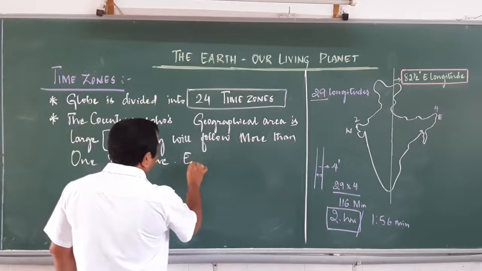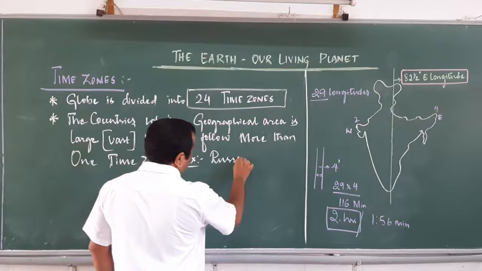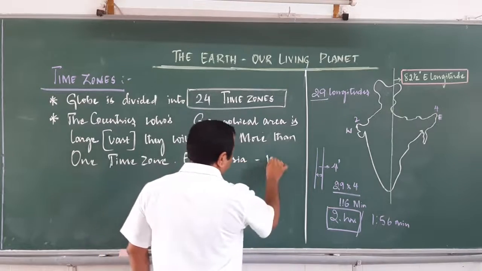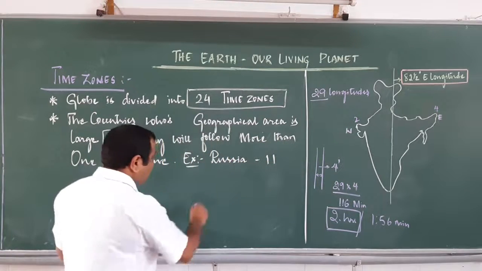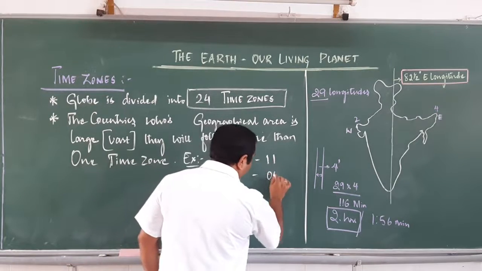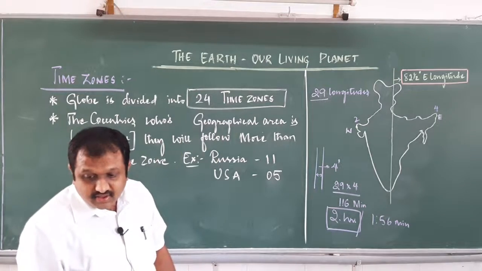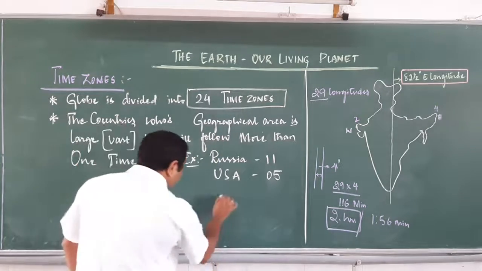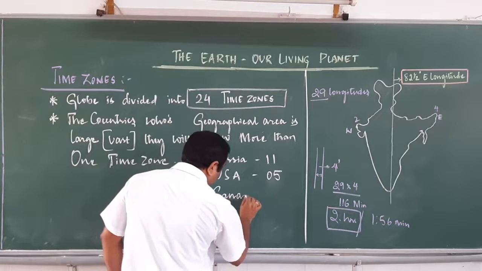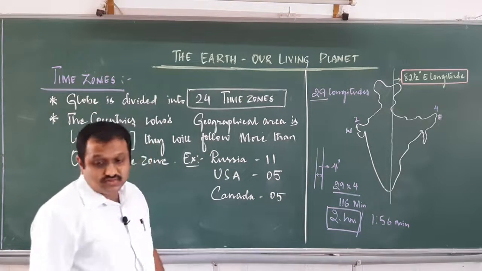Just now, the example: Russia has 11 time zones. United States of America has 5 time zones. Take China or Canada. Even Canada also has 5 time zones.